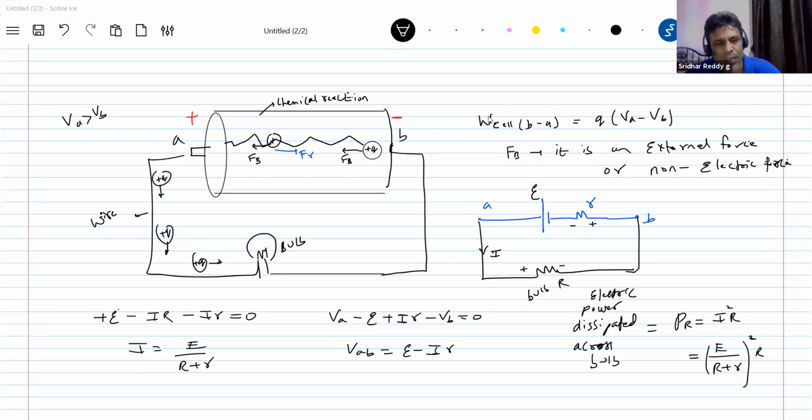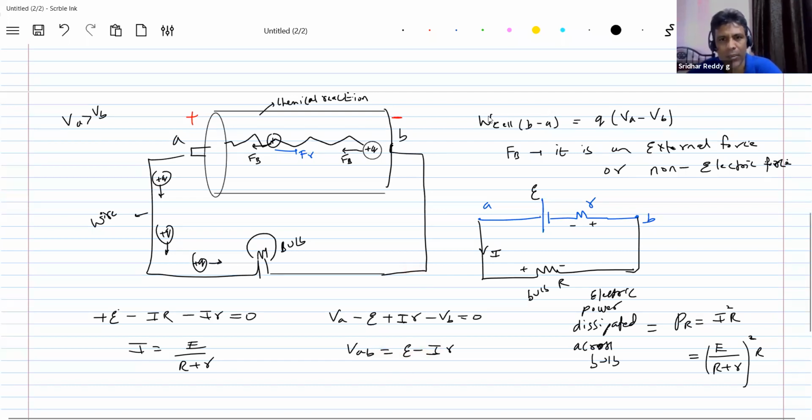Q into IR is the energy available across the bulb. What is this I into small r? This will be the drop across the internal resistance of the cell, multiplied by the charge. So some work has to be done to overcome this internal resistance. That's why the terminal voltage will be less than the applied EMF according to the KVL.